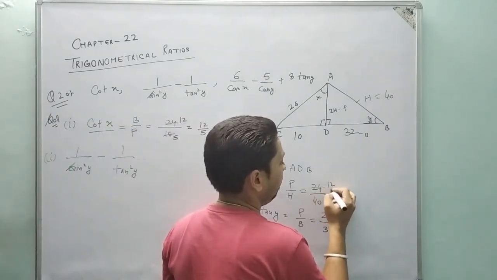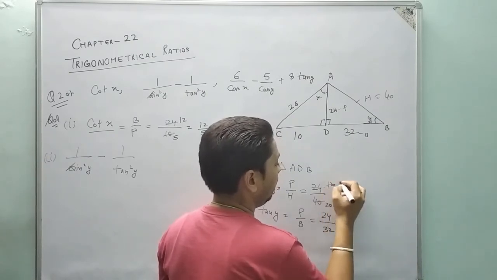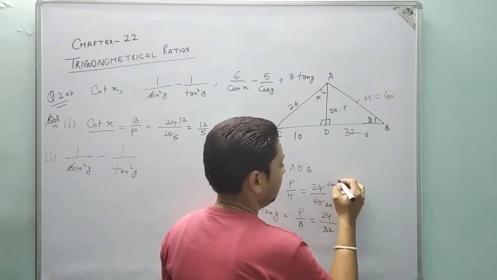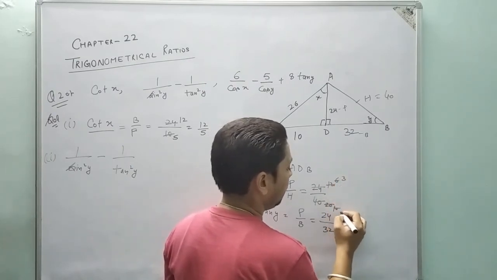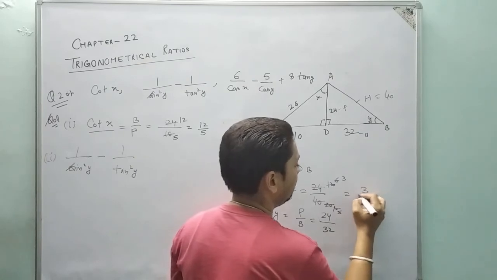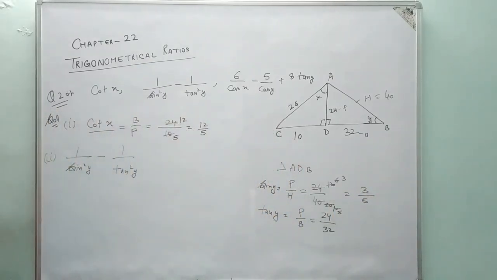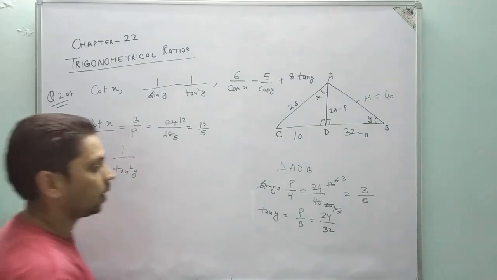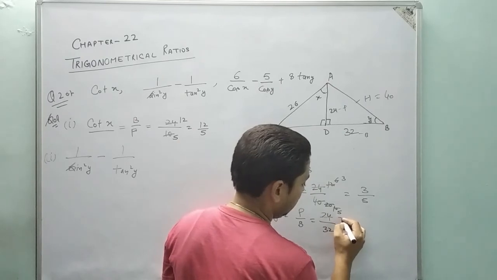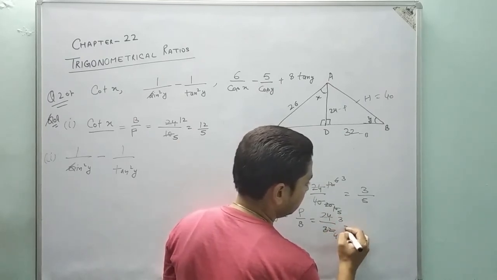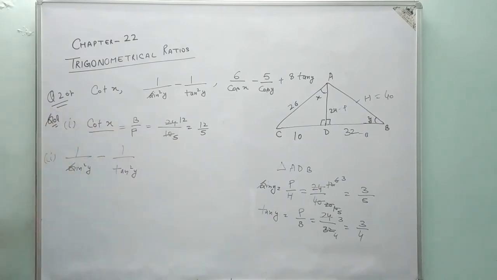It will give you 12 upon 20, again 6 upon 10 and 3 upon 5. So sine of y is equal to 3 upon 5. Again, 8 3s are 24, so tan of y is equal to 3 by 4. We have 3 upon 5 and 3 by 4.